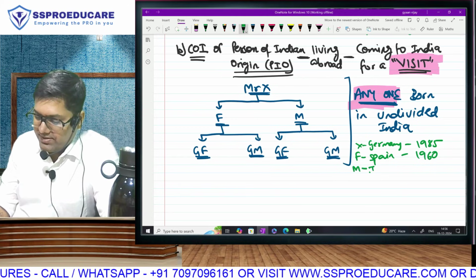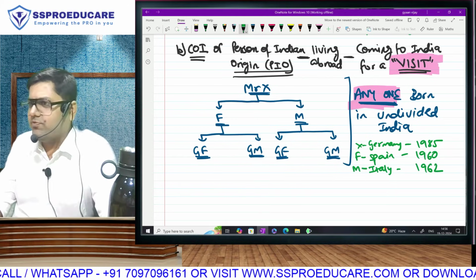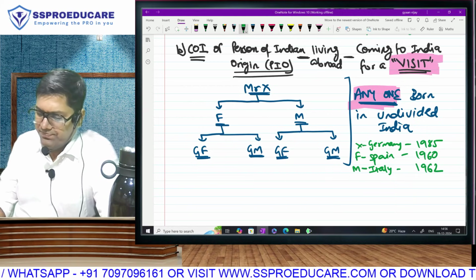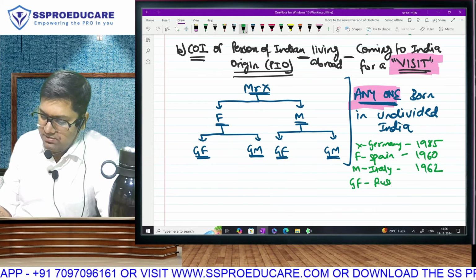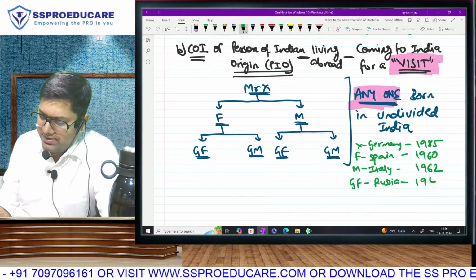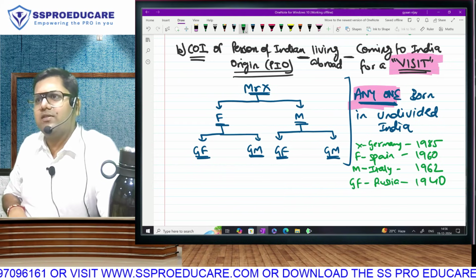Mother was born in Italy, 1962. Still a reasonable gap, 23 years between mother and child. His grandfather was born in Russia, 1940. Again, reasonable, no? Grandfather was 20 years old when father was born.